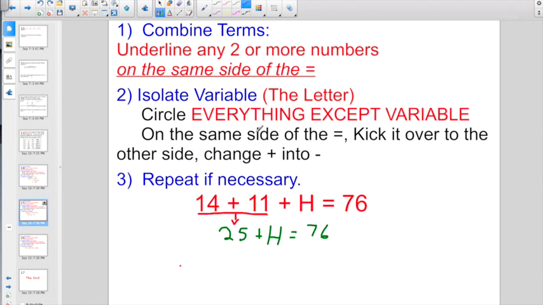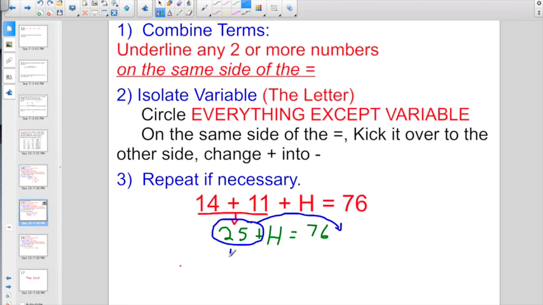So I want to go and isolate the variable, circle everything except the variable that's on the same side of the equal sign. So I'm going to circle this 25 and this plus sign because H wants to be isolated. He wants to be by himself, and I kick him over to the other side. Get ready to write down everything that is not circled.